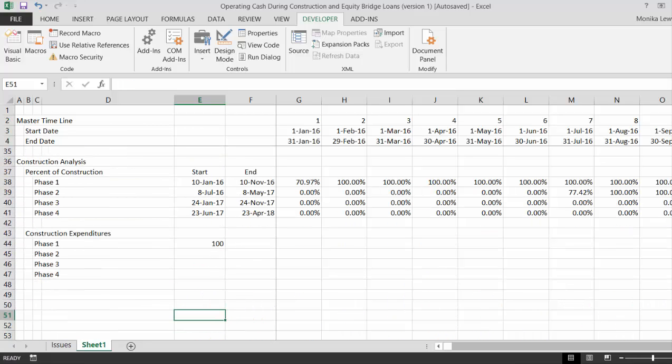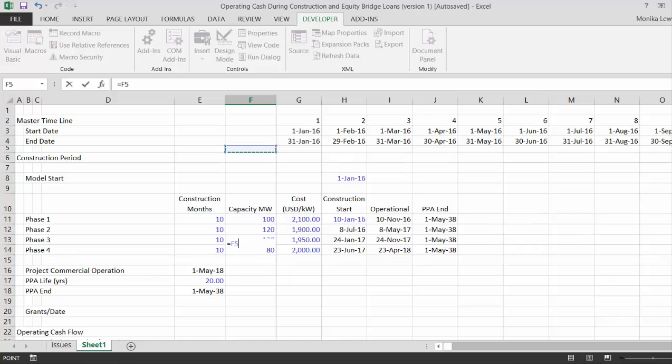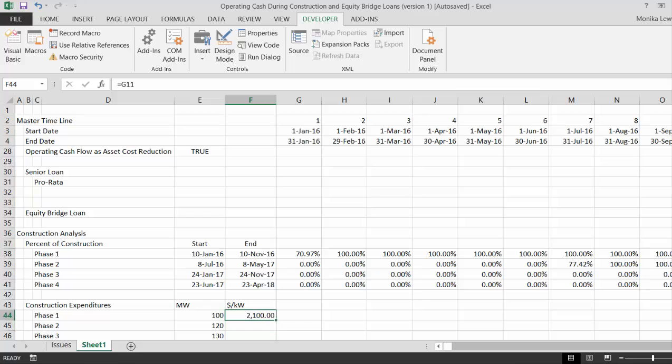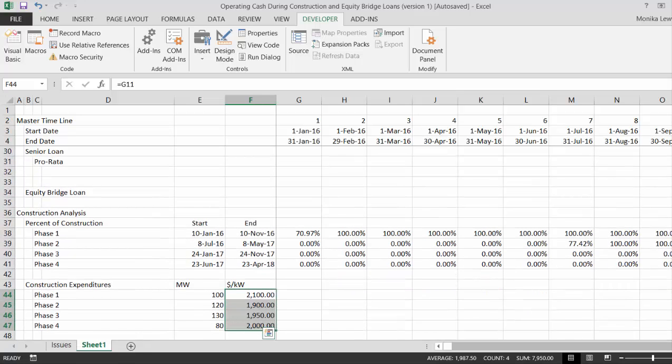Now, so we can put our different constructions. This is the megawatts. I'm afraid to add a line, but this is dollar per kW. And we put this in. Okay, and now if we wanted to get the percentage of construction, I would love it if we didn't have these dates in here.